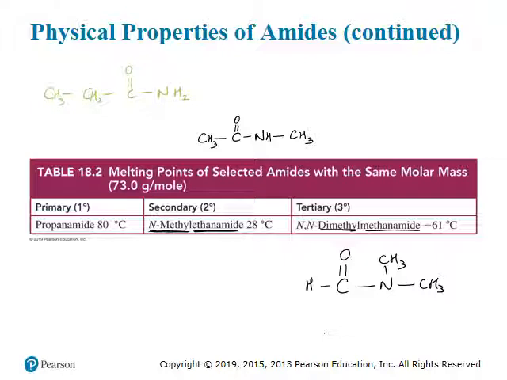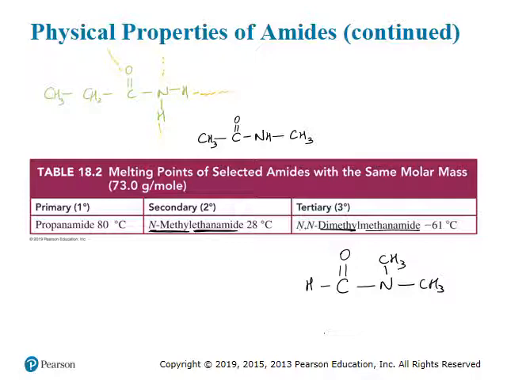So when we think of this, if I open this structure up and draw it like this, I know that this hydrogen can form a hydrogen bond with something, this hydrogen can form hydrogen bond, this nitrogen can form hydrogen bond, this oxygen can form hydrogen bond.